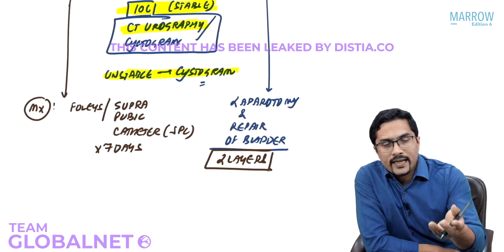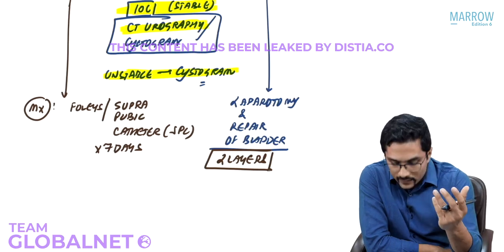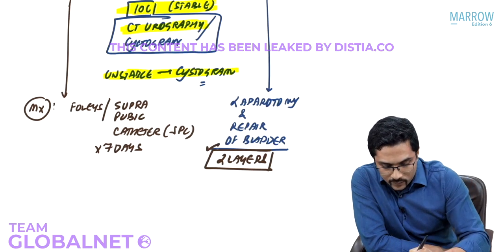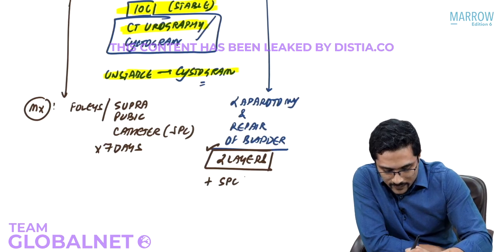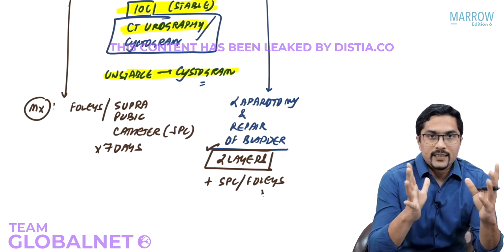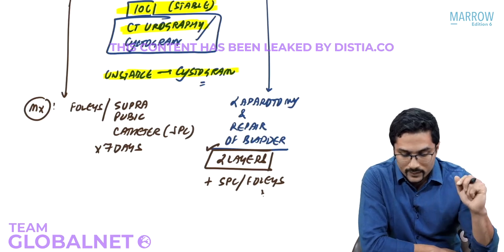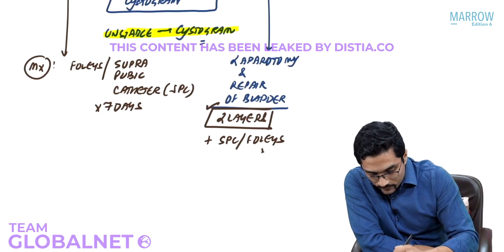Some people use a second layer of silk over it. Some people just repair it with Vicryl, both the layers. So 2-layer repair has to be done, plus an SPC or a Foley's has to be inserted along with it. So the presentation is different. Investigation of choice I've told you, and the management I've told you. You should remember this for the exam.